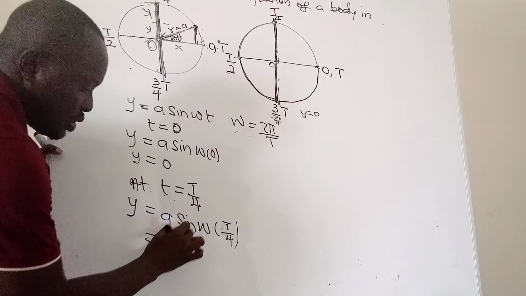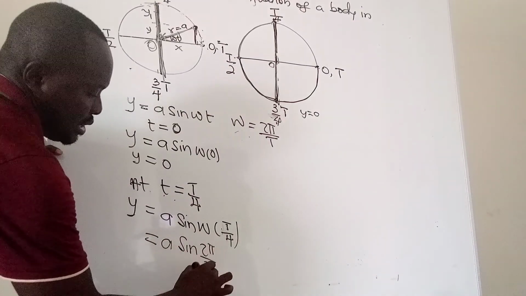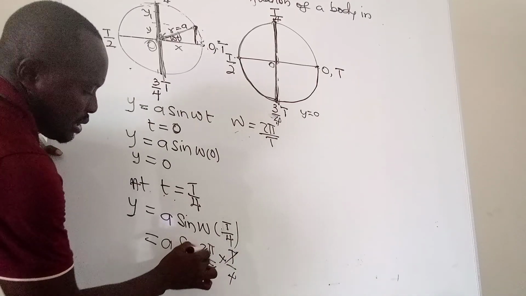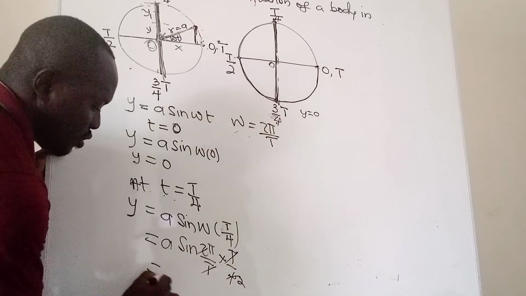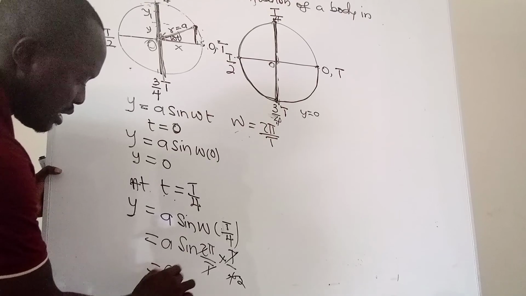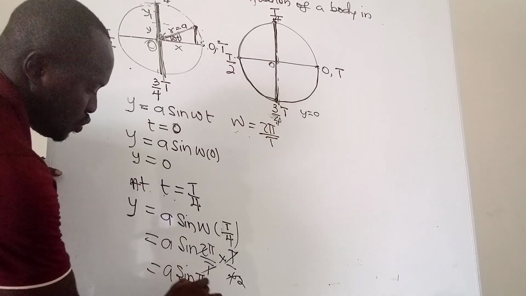So when you substitute omega, you have 2 pi on T times T on 4. This and this cancel. So now we have y is equal to a sine pi on 2.